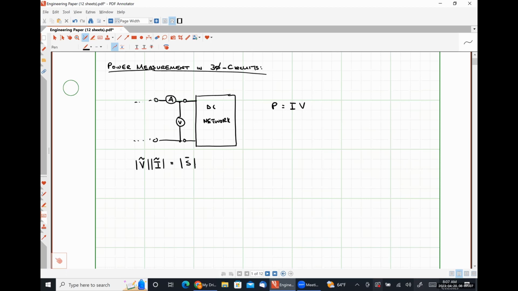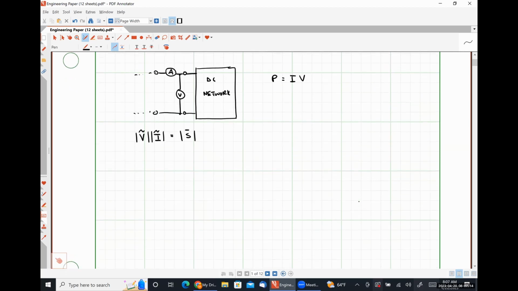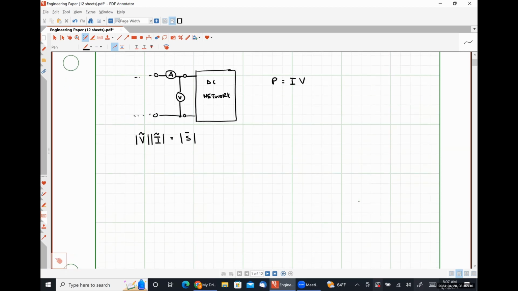So let's say that I had a simple AC circuit. Here are the terminals of the rest of the network. Here are the terminals that are connecting to my load impedance.